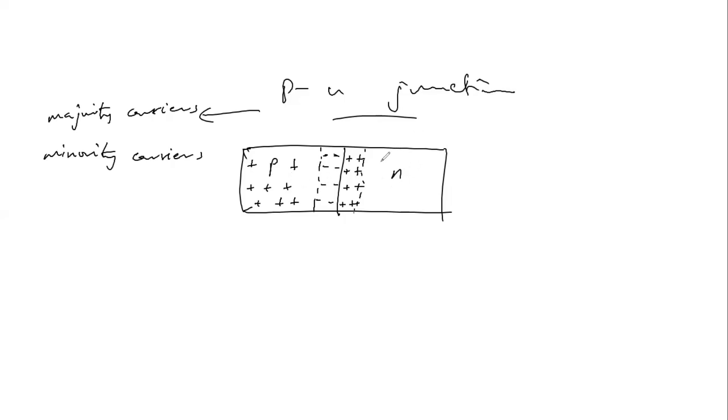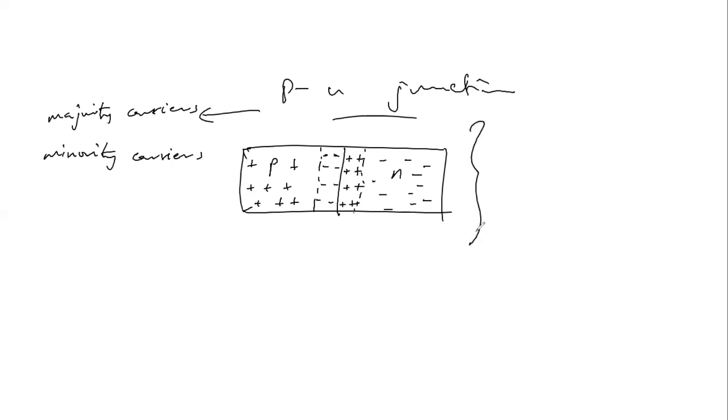Now for the n-type material, we have electrons all over this place, which forms the basis for the majority carriers, and then the minority carriers become the holes. What I want you to look up here is that the majority carriers diffuse.